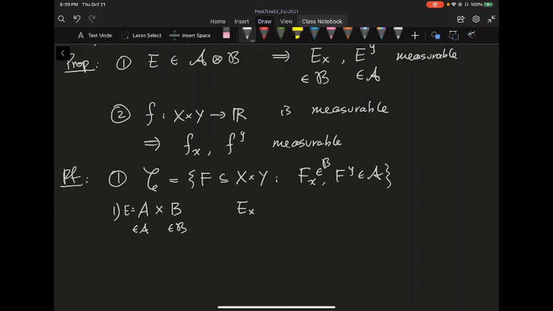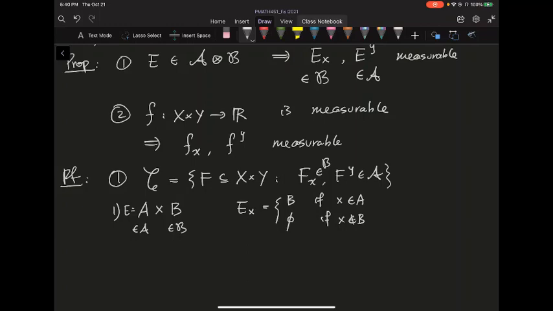If you think about what E_x is, basically if your x is inside A, then you always get B. So it's either equal to B if x is inside A, or if x is not in A, then there's no way x and any y is inside E, so E_x is empty.